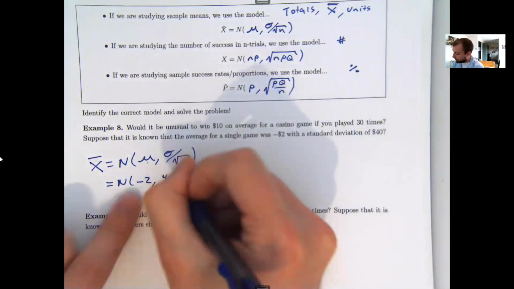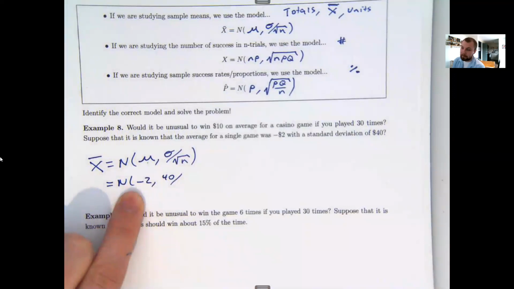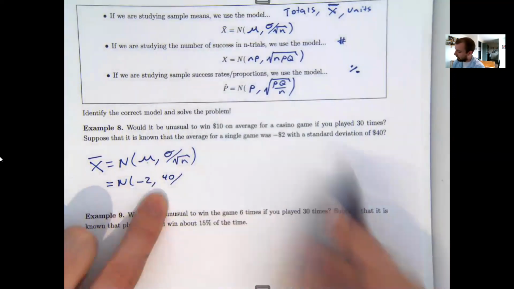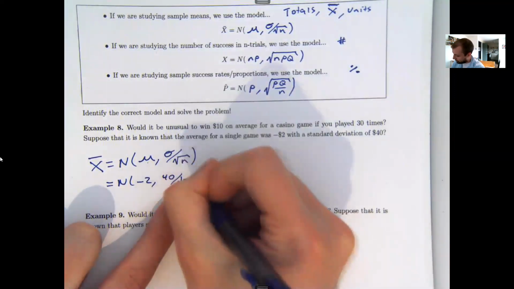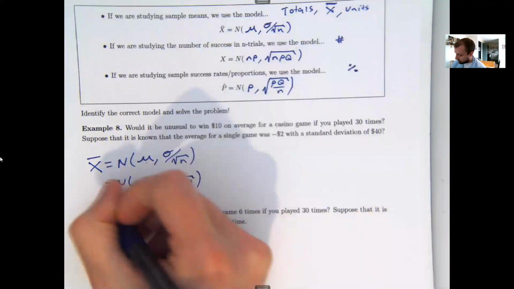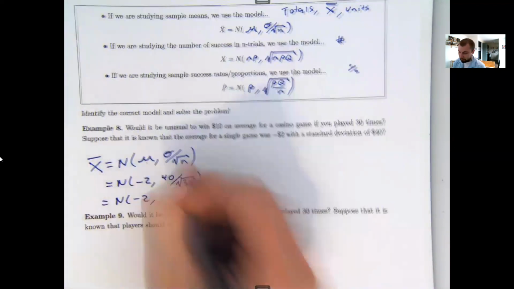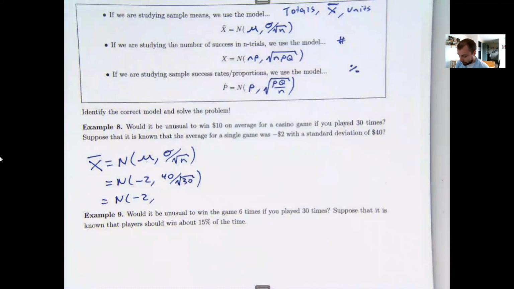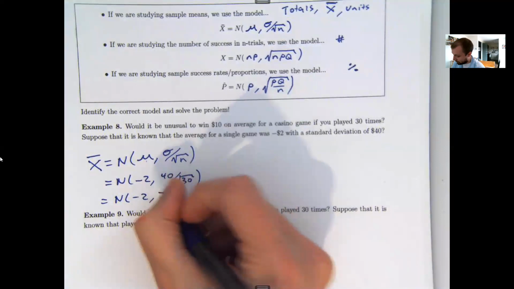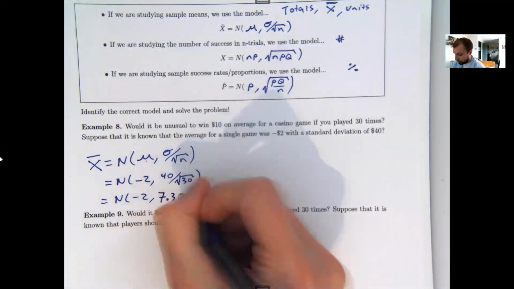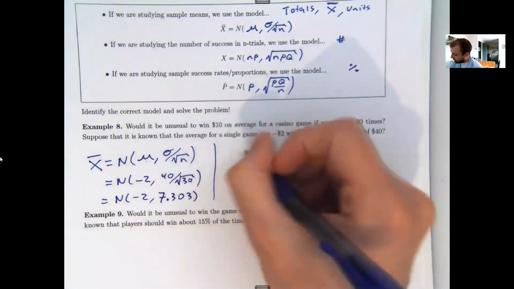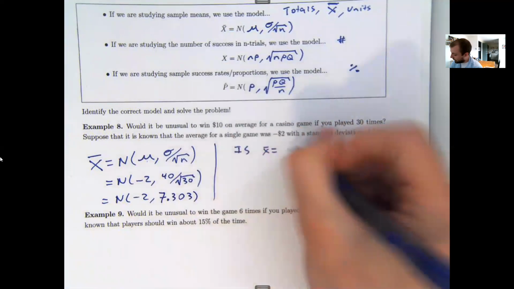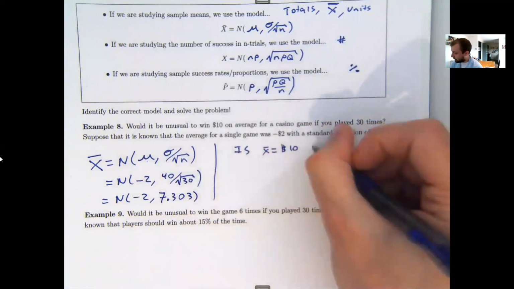So I'm expecting to lose $2 on average playing the game because that's how the casino makes their money. Standard deviation is $40, and I'm playing it 30 times. I'm typing that 40 over the square root of 30 into my calculator. This gives me 7.303 or so. And the question I'm trying to answer is, is x bar equals $10 unusual?